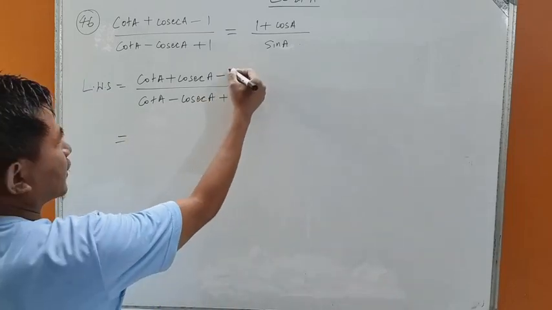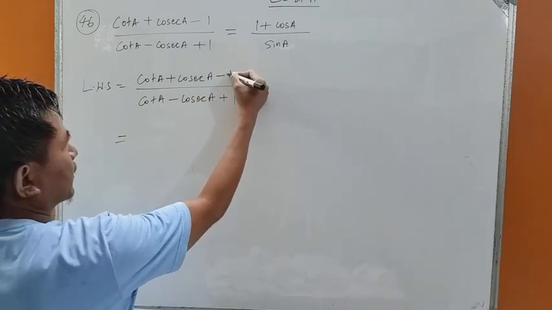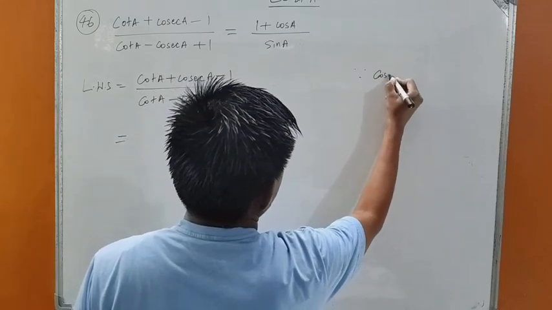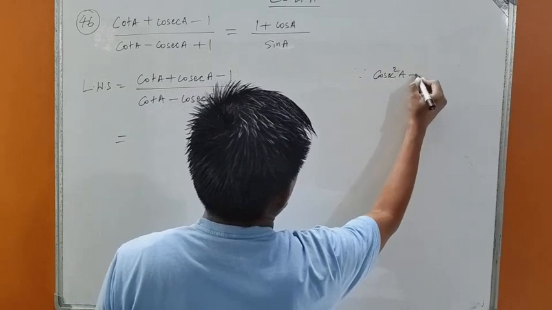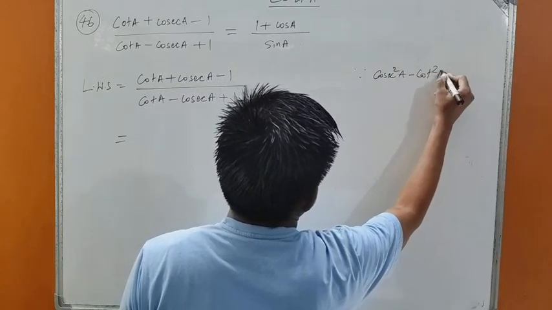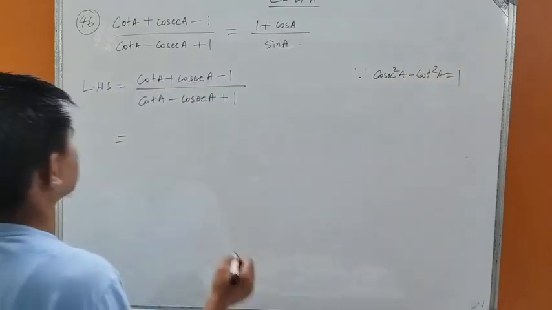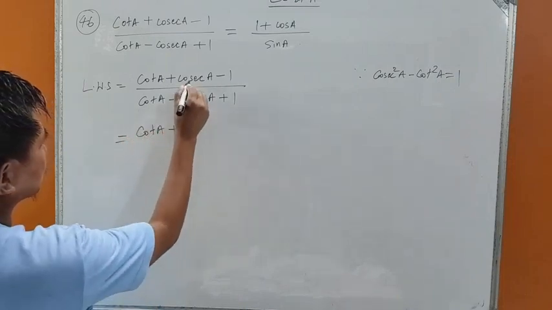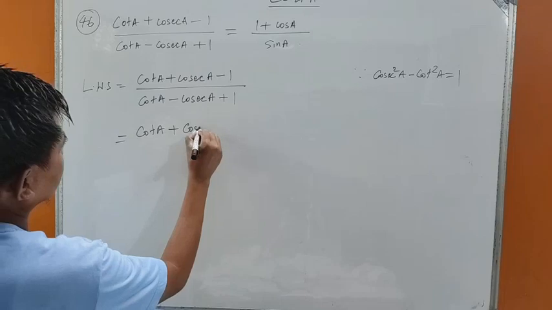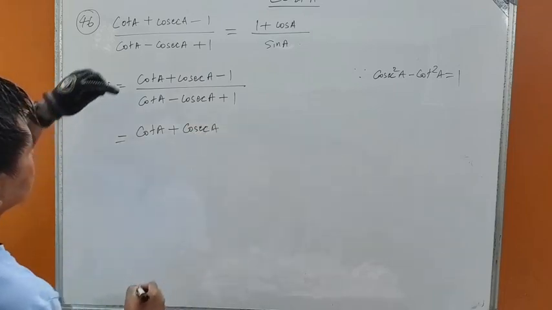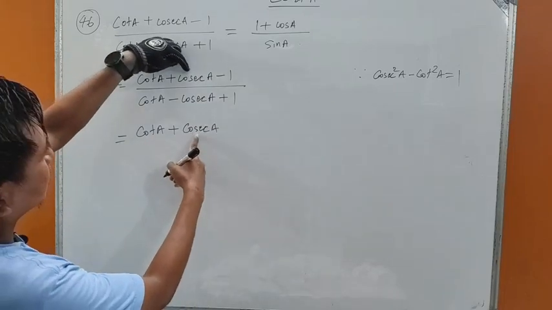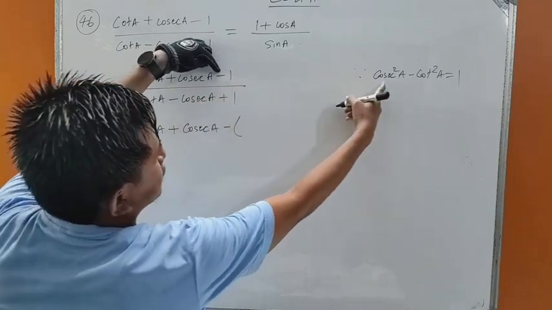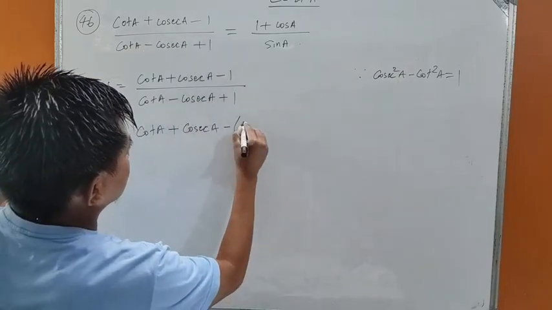So let's write this 1 as cosec square a minus cot square a, since we know the formula cosec square a minus cot square a equals 1, isn't it? So cot a plus cosec a, we copy as it is. This is cot a and this is cosec a. Now this is minus, and within the bracket 1 means cosec square a minus cot square a.